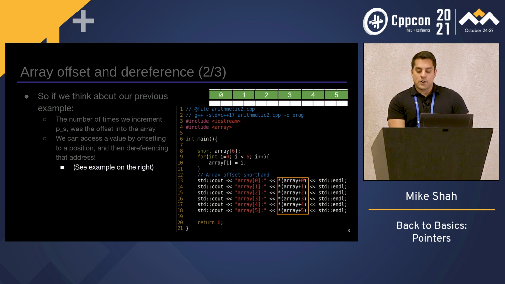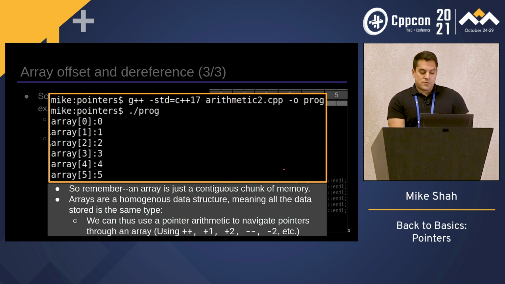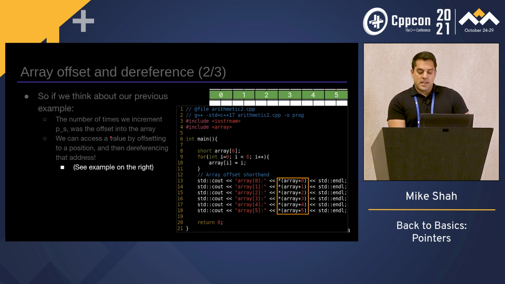And if I add 0 to it and then dereference that value, I'll get the element at the 0th index, or our first item. So what this is really showing here, and this is just to confirm the results so we can see it, is that the bracket notation that we use in arrays is really a shorthand for dereferencing and offsetting this. Okay? And we can think of this in this way. So array is just the pointer, and then we're adding to it how much we want to offset, and then retrieving that value here.